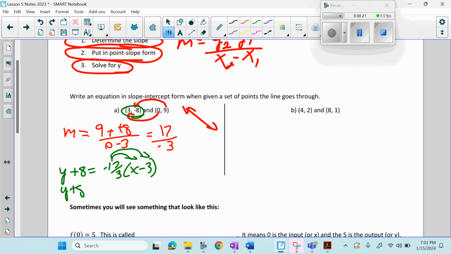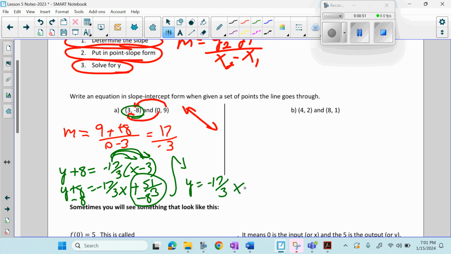So I have y plus 8 equals -17/3x plus 51/3. And again, make sure you can do that on your calculator and know how to get that in fraction form. And then I'm going to subtract 8 from that. And again, this answer is going to be in fraction form. So my final answer is going to be y equals -17/3x plus 9.